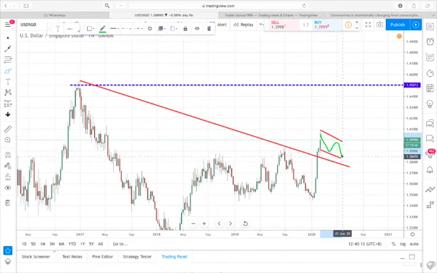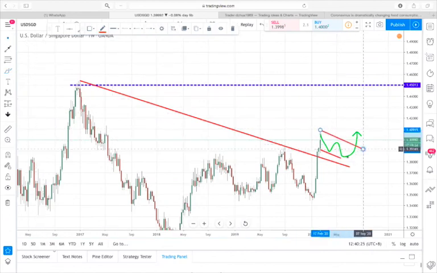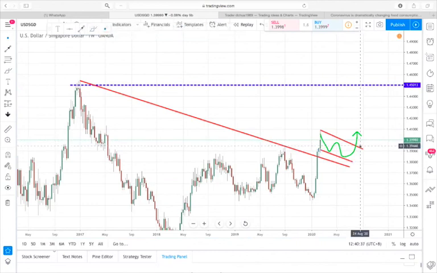So this is what we term as a bullish pennant before it breaks out from here. So I will wait patiently for the price to break out from here. Okay, retrace, and then that will be my next buying opportunity somewhere here.